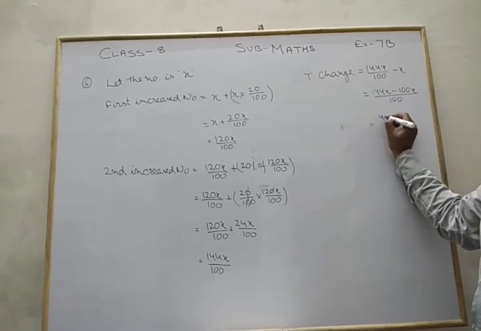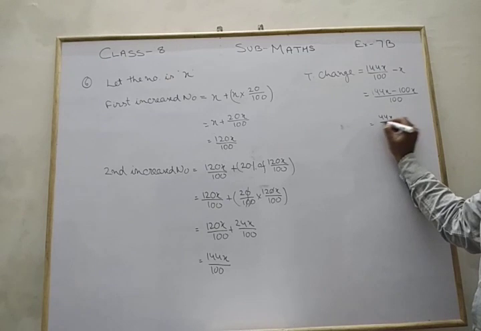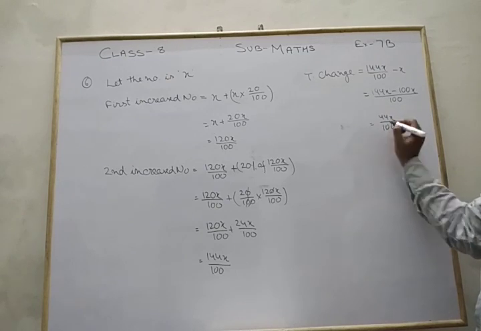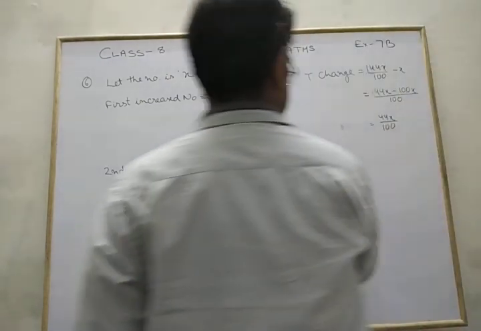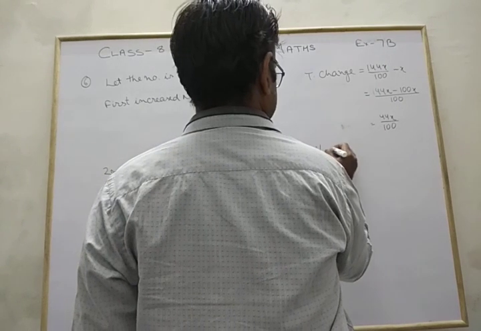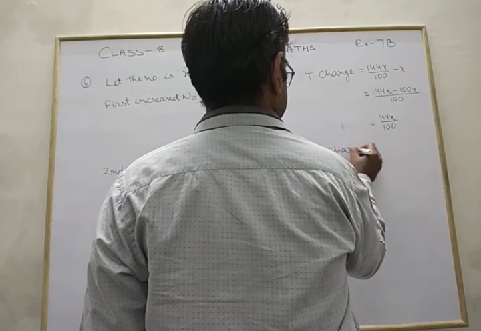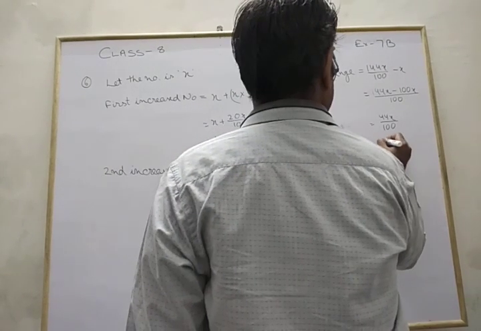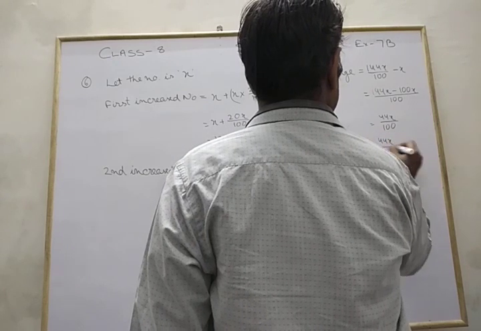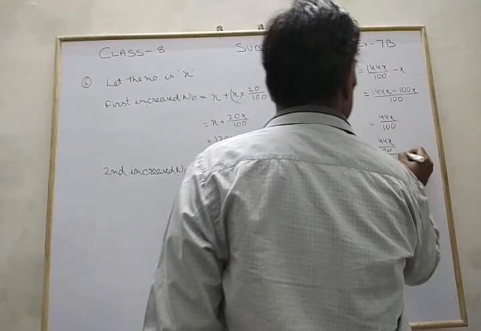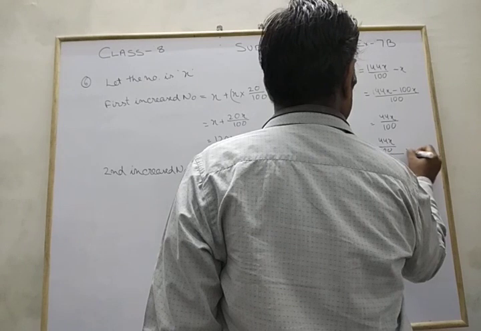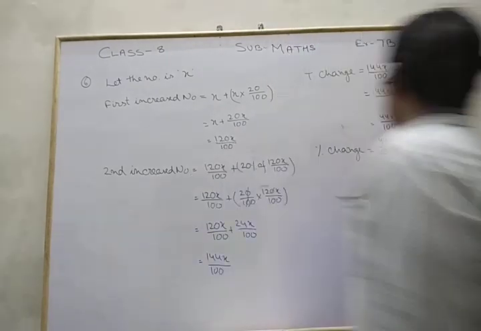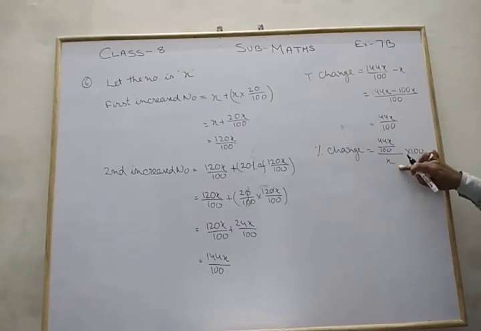It's 44x upon 100. Now percent change is change by original number into 100.